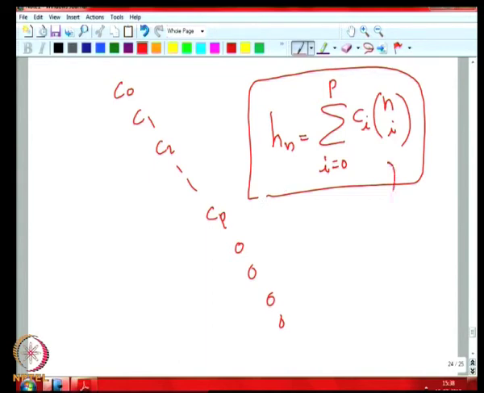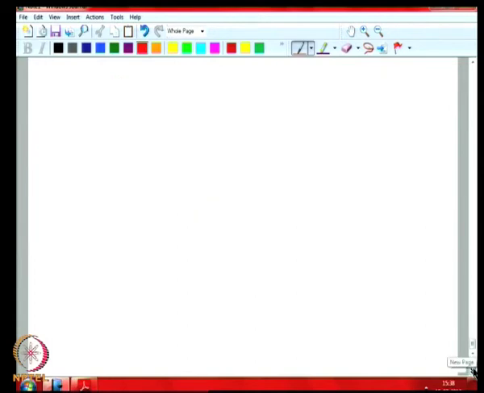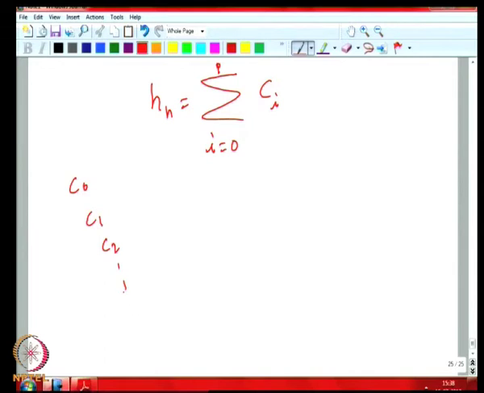Now we can simplify a little bit. So this can be written as Hn equal to sigma i equal to 0 to p Ci, assuming that the main diagonal looks like C0, C1, C2, Cp, and then 0 0 0, right.